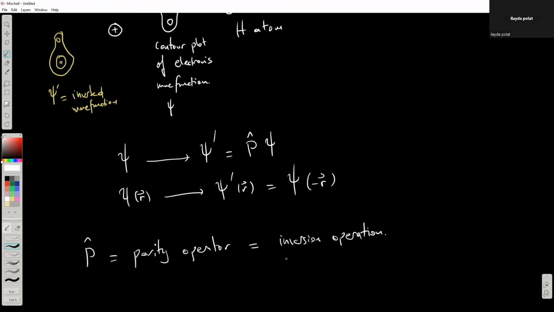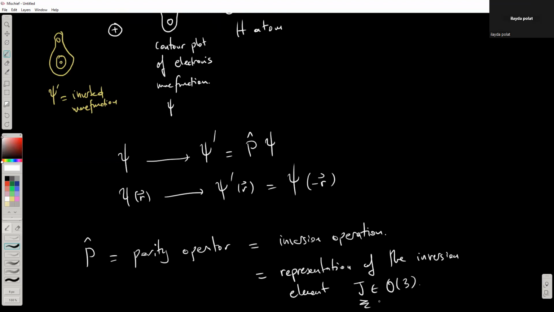We call this a representation of the inversion element J in O3. You can think of it like that. So J in here is the abstract geometrical inversion. This is a concrete operator version of that, which does the same thing on wave functions.